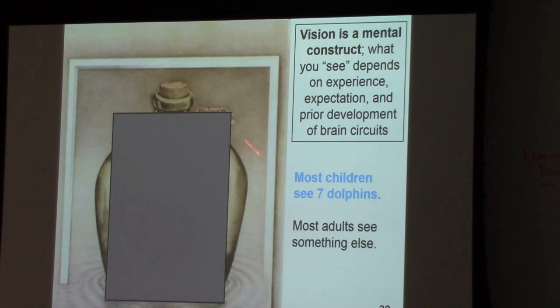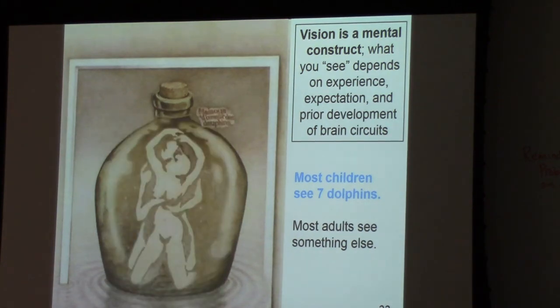But children under the age of about 8, in the image that you're going to see, see dolphins. Adults, the rest of us in the room, see something else, and you'll see what I mean in a second. Children see dolphins. Adults see an image of two lovers.